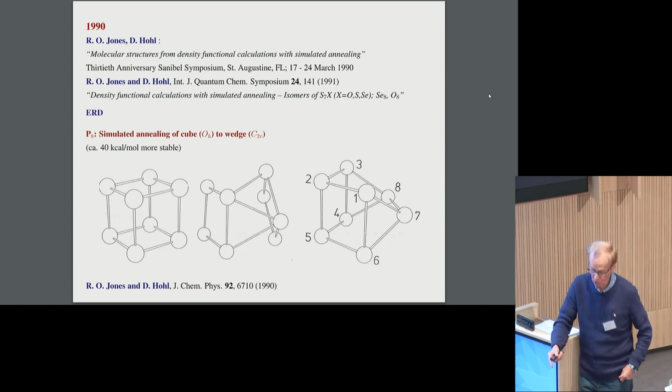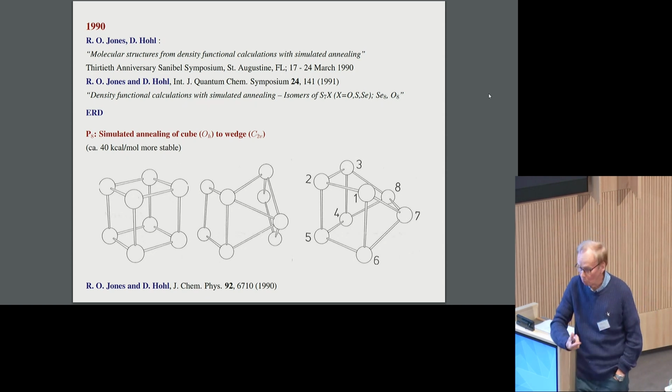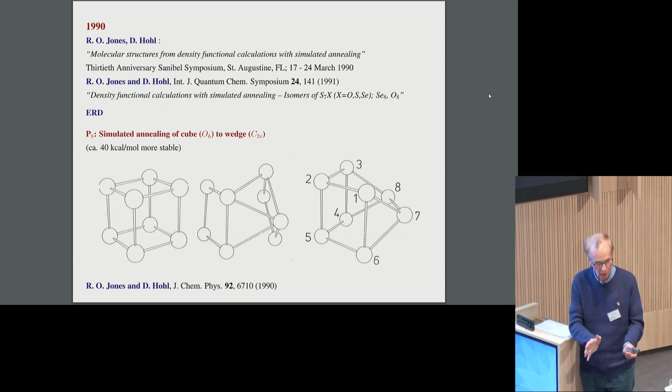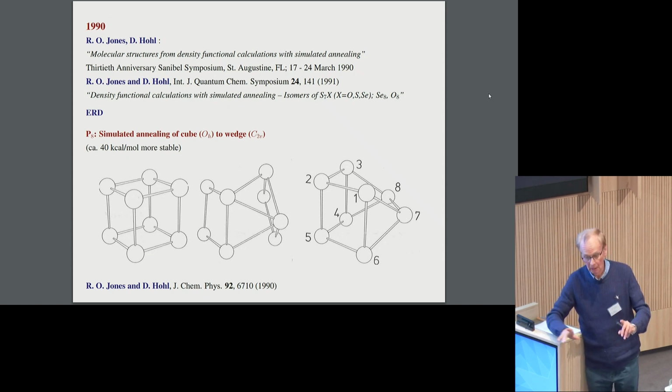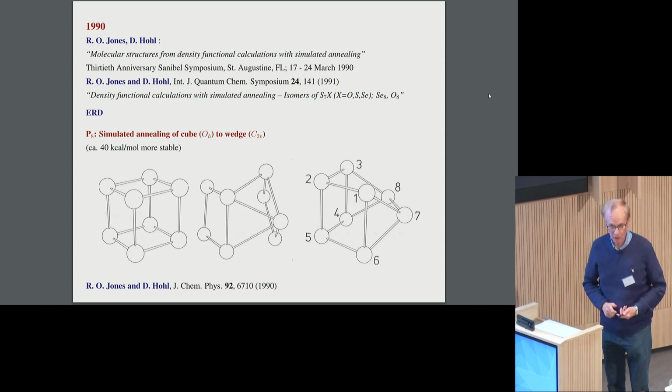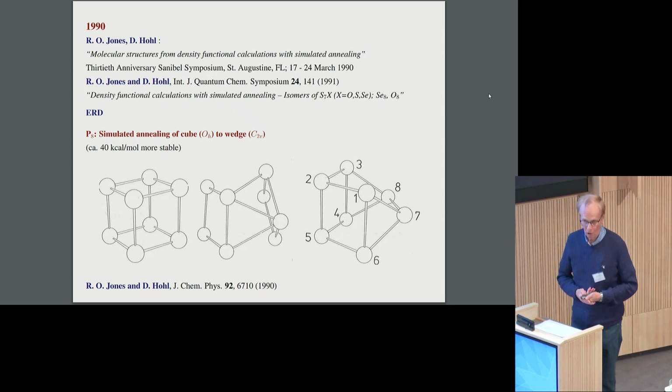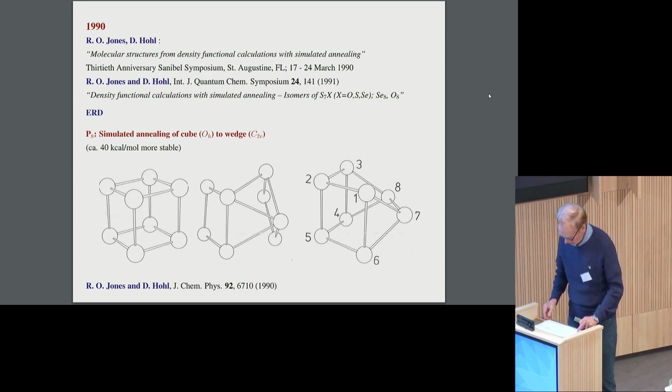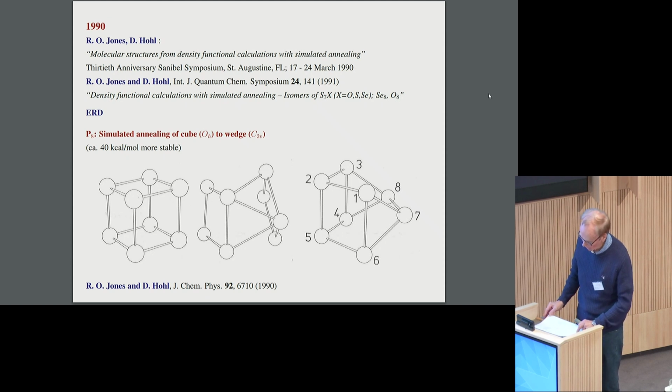Krishnan Raghavachari was the referee of this paper, he told me. He said that when he got it, he saw the new structure, this different structure, lower symmetry, and he went like that. And before reading the rest of the paper, he went and did an MP2 calculation. He also got a structure which was about 40 kilocalories more stable than the only structure he'd considered to that point.